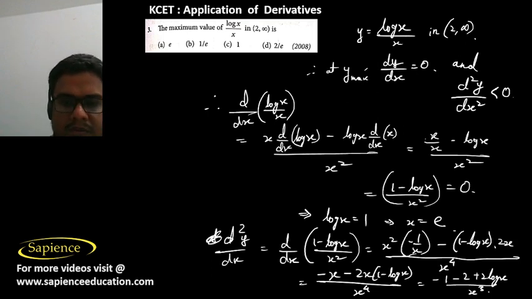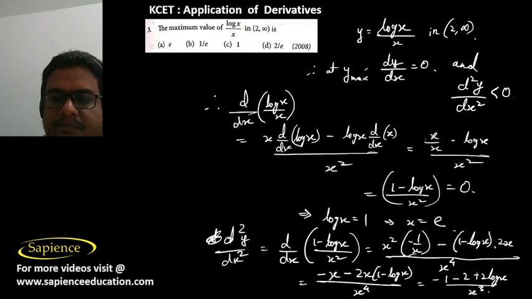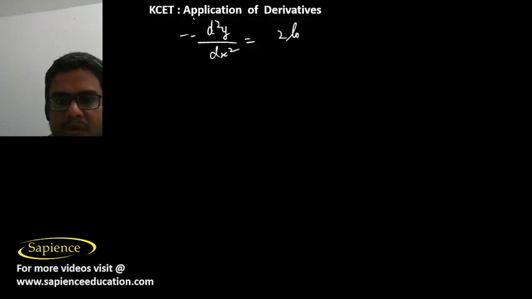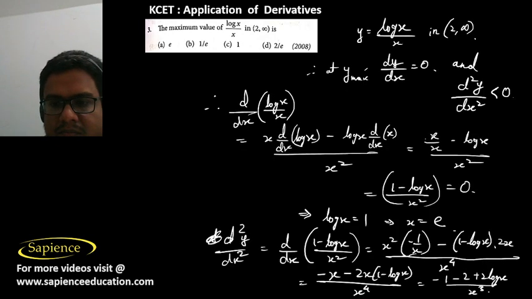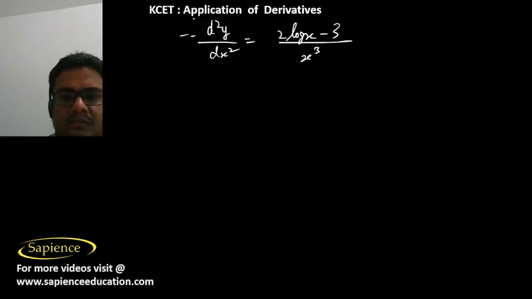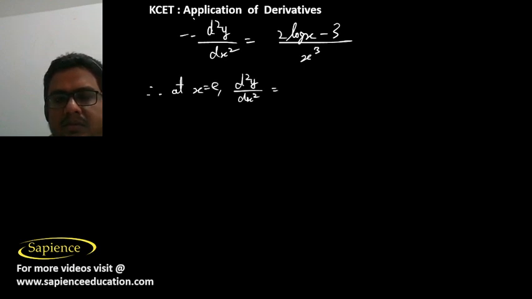Therefore, for d square y by dx square, that is 2 log x minus 3 by x cube. At x equal to e, d square y by dx square is 2 log e minus 3 by e cube. Log e is 1.